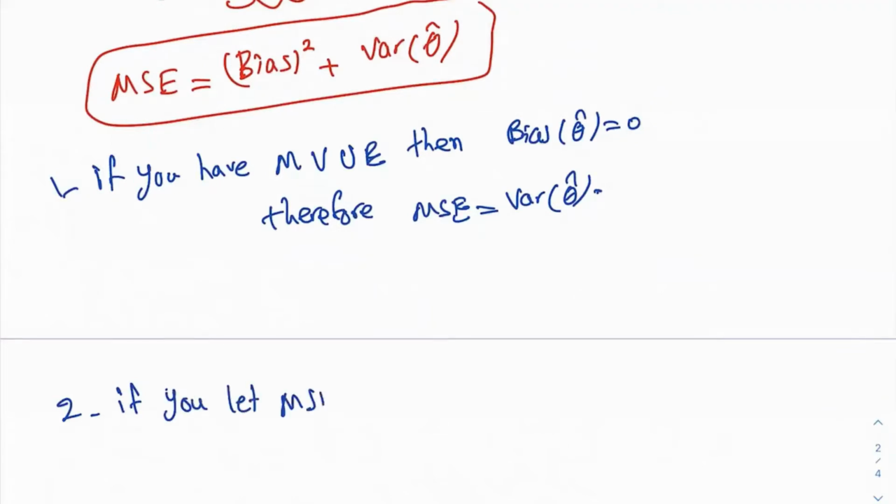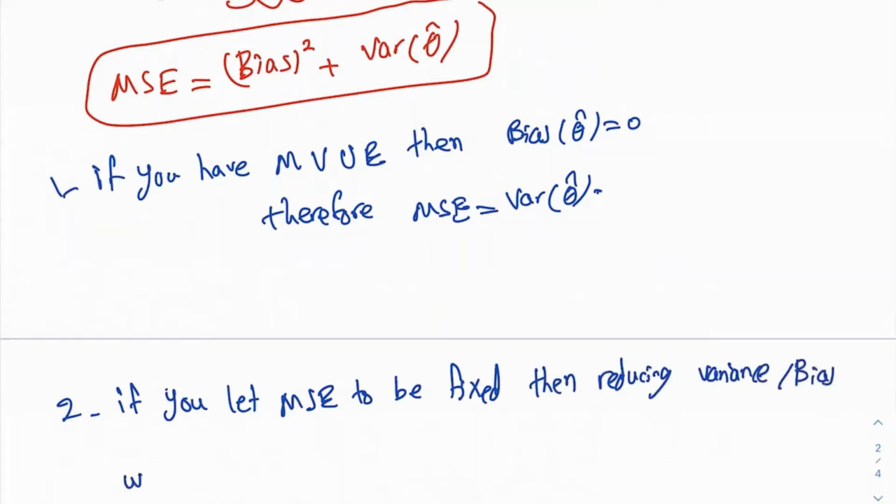If you let MSE be fixed, if you hold MSE constant, then reducing variance or bias will increase bias or variance.